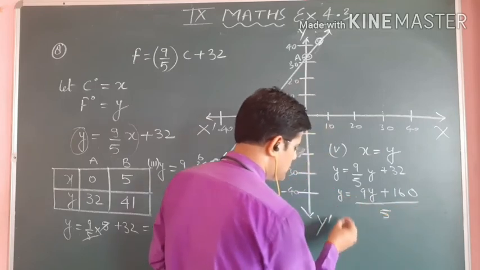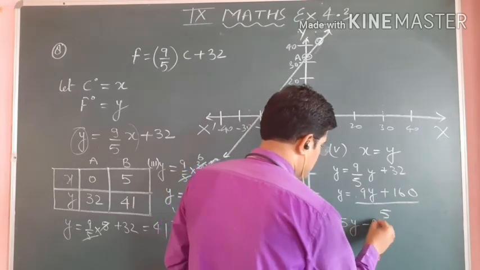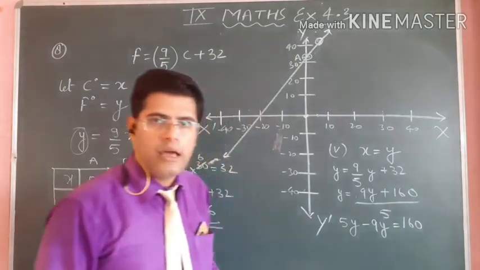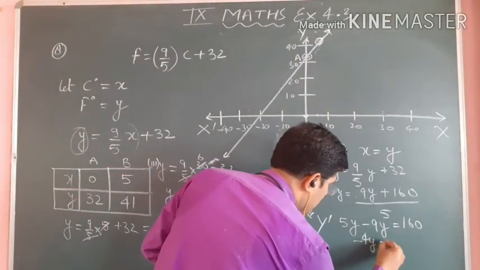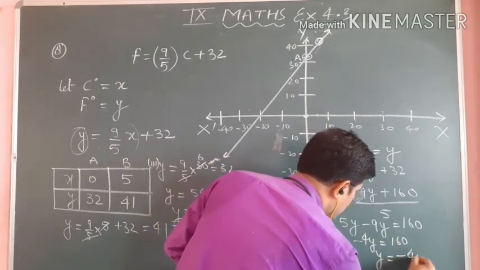Now transpose this. Here it is 5y minus 9y is equal to 160. So here I have to solve. Minus 4y is equal to 160 and y is equal to minus 40.